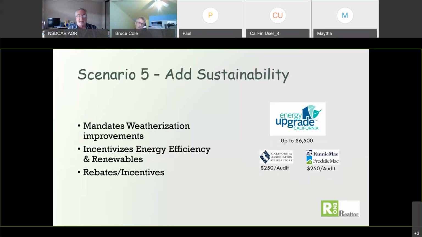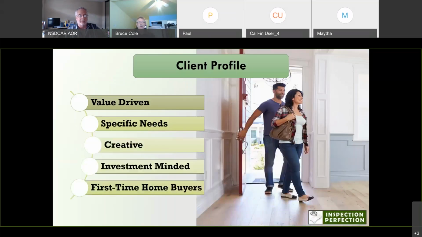There are also some rebates that are available. I need to update that because some of that has changed over time. So that's just going to improve the whole energy efficiency opportunity, taking advantage of these kinds of rebates that exist in the marketplace. From a client profile standpoint, I think this is pretty self-evident: value-driven.